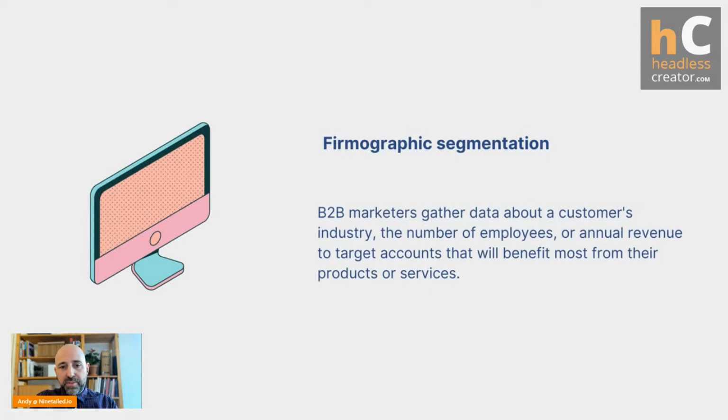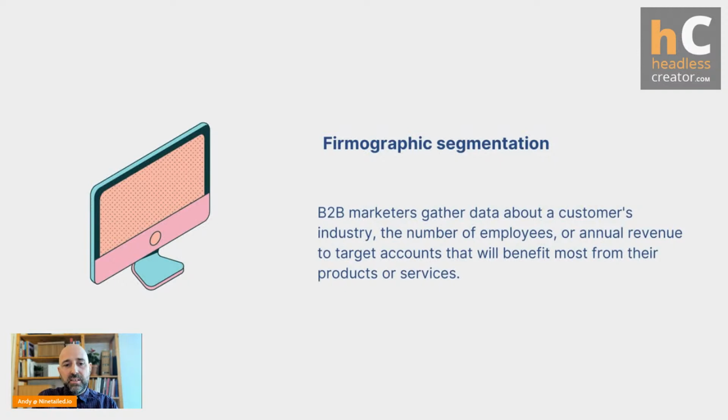Another type of segmentation, firmographic segmentation, is used especially in B2B marketing. In this case, it's data we have about the customer's industry, the number of employees, annual revenue. So any information we have about the company of a user or a customer. This is really interesting, especially for B2B.